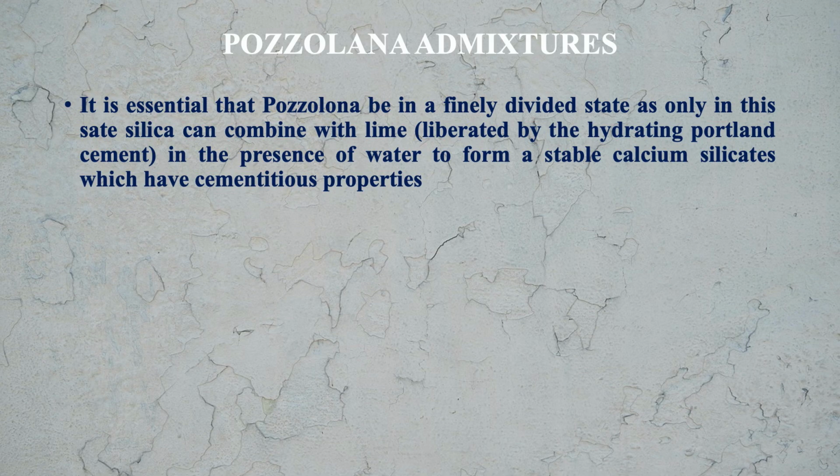It is essential that pozzolana be in a finely divided state, as only in this state silica can combine with lime, which is liberated by the hydrating Portland cement in the presence of water, to form stable calcium silicates which have cementitious properties.